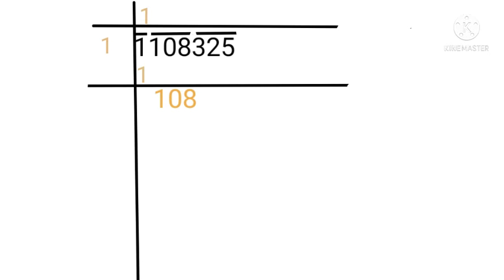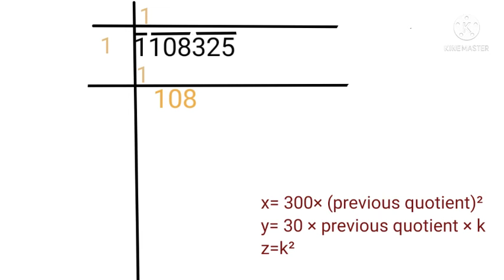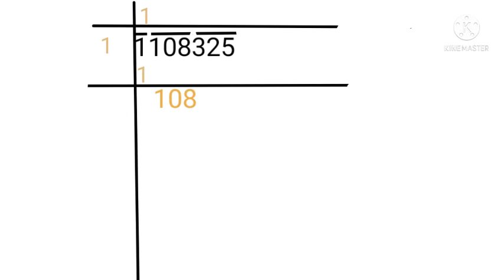The first term x is always equal to 300 multiplied by the square of the previous quotient, the second term y is always equal to 30 multiplied by the previous quotient multiplied by some digit k, and the third term z is equal to k square. Now our job is to find the value of that digit k. We have x equal to 300 multiplied by our previous quotient 1 squared, which is 300 multiplied by 1, that is 300.